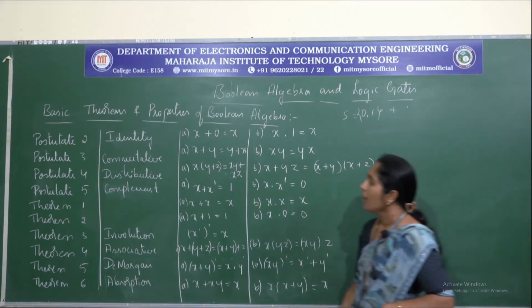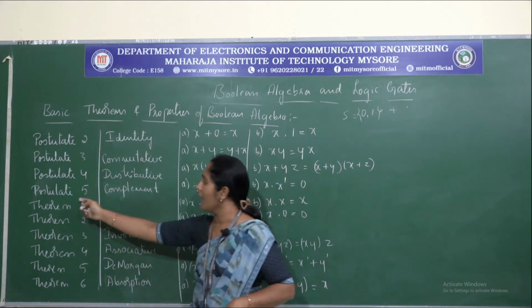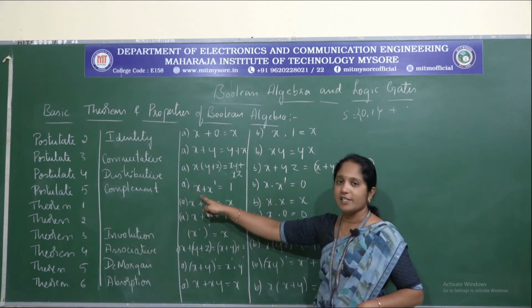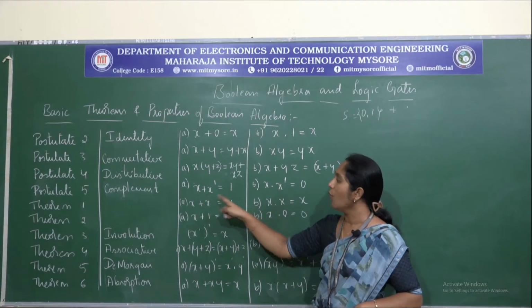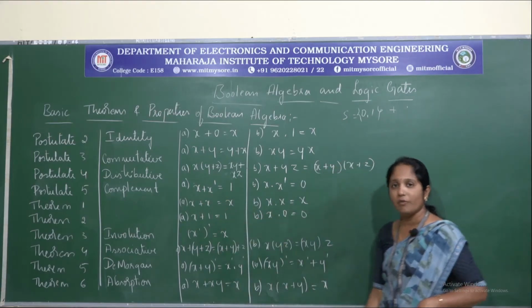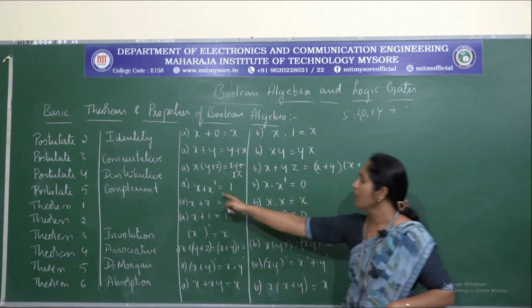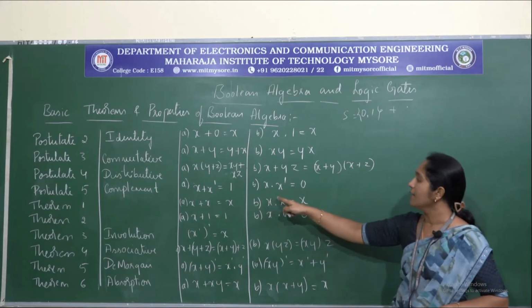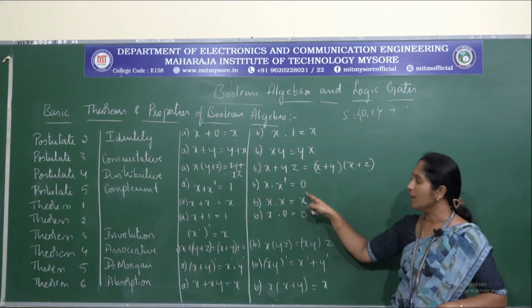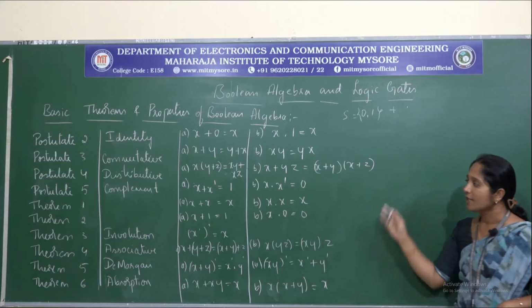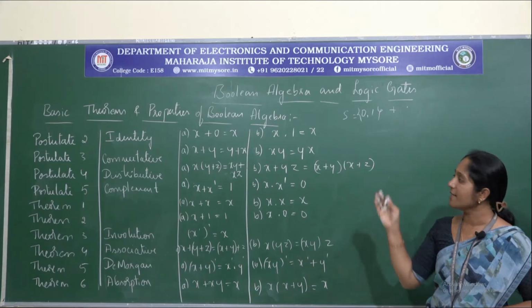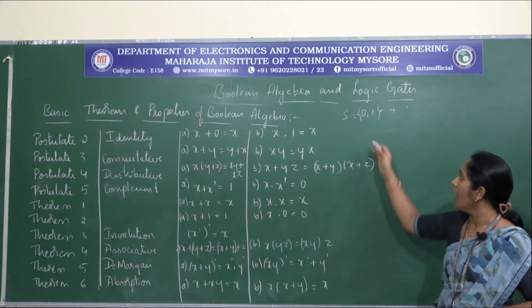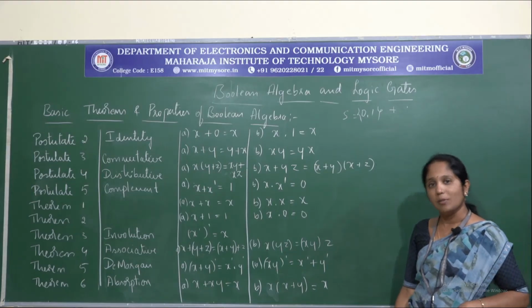The fifth postulate is for the complement. x plus x dash is equal to 1, so if you add the complement of a variable to the variable, it results in the identity element 1, and on the other side x dot x dash is equal to 0. These are the postulates we use. As I said, closure is applicable by default to the binary number system.